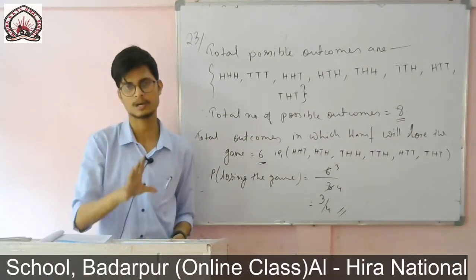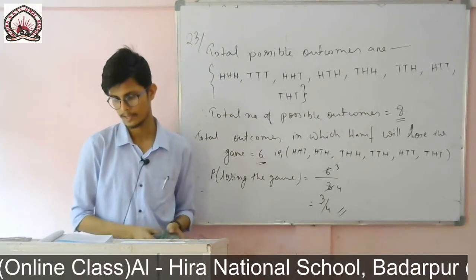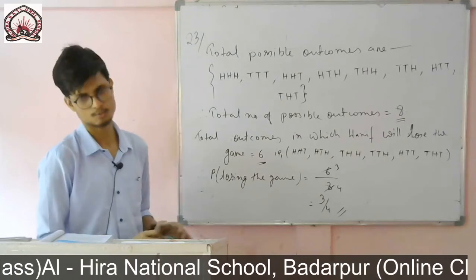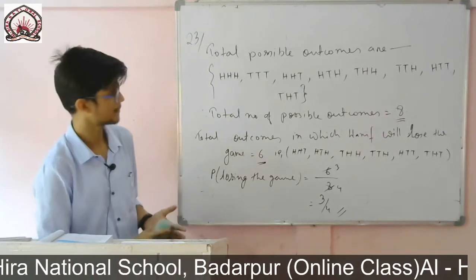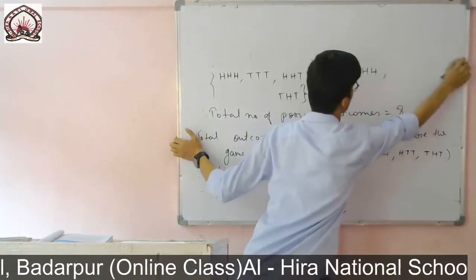That means 5 will not come in any condition, on both the dice, and 5 will come up at least once. At least once, in one die it may be there, or in both the dice also.